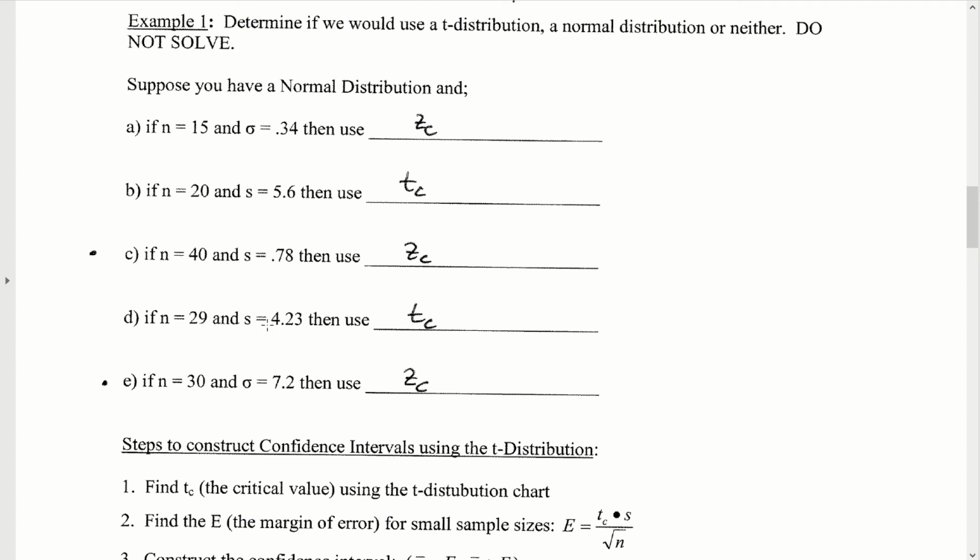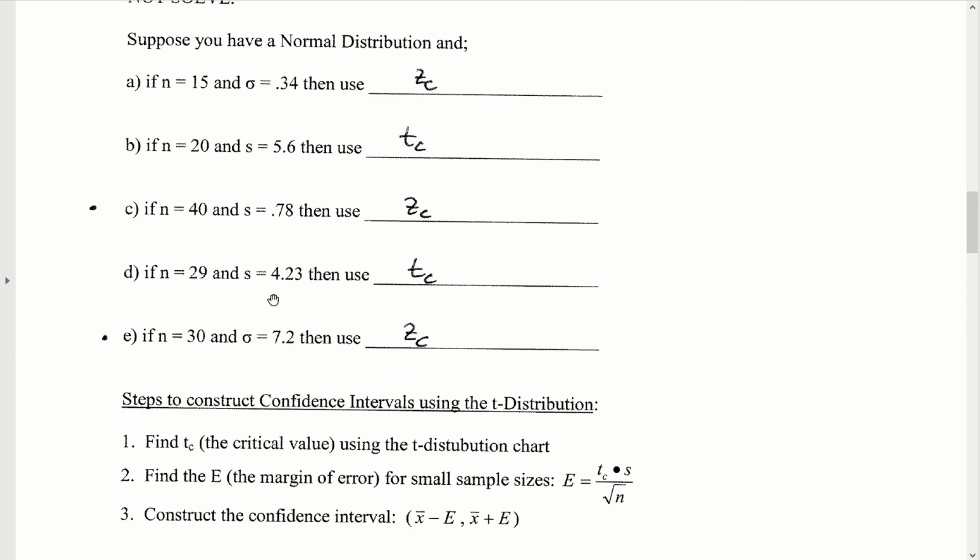So that would be another situation for using the t-score. And for the last one, we just make the cutoff of 30 or more. In addition, we also happen to know sigma, but 30 or more automatically is going to be ZC. It wouldn't have mattered whether this had been sigma or S. As long as it's 30 or more, that's the benchmark for using a z-score.